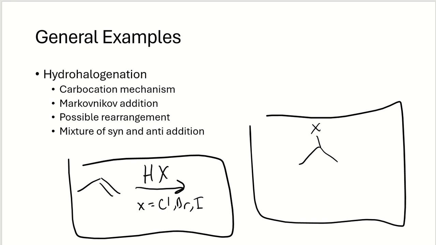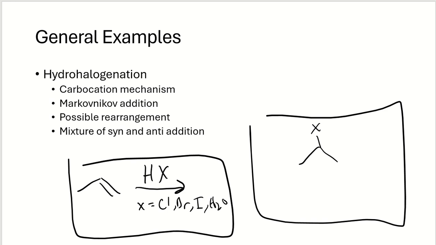And technically speaking, you could also include water, because H3O plus does the same thing HCl or HBr or anything else does. It's just you're adding water instead of a halogen. You're making an alcohol as a product instead of a halide.